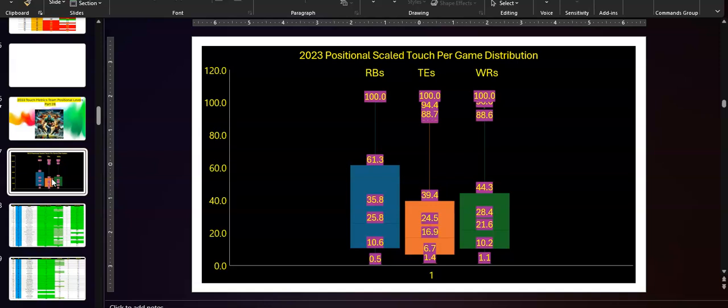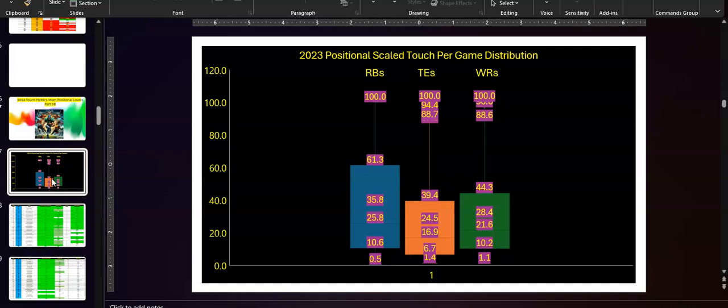Like I said, this is my first year to even invent the weekly way to look at touches, and traditionally I've looked at touches per game. Touches per game are not equivalent in running backs, tight ends, wide receivers. Just not the case.